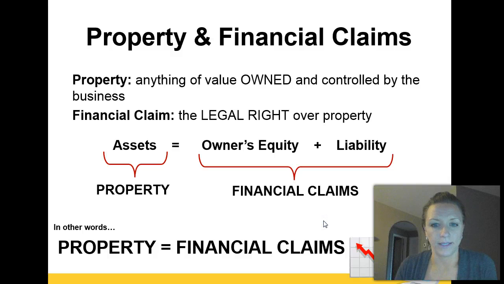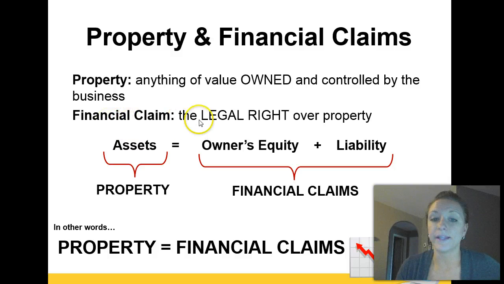Okay, let's see. In other words, okay, property. So again, going back to assets equals owner's equity plus liability. This is just another way to show you the same accounting equation. Property is anything of value owned and controlled by the business. The terms property and assets are going to be interchangeable throughout this course.